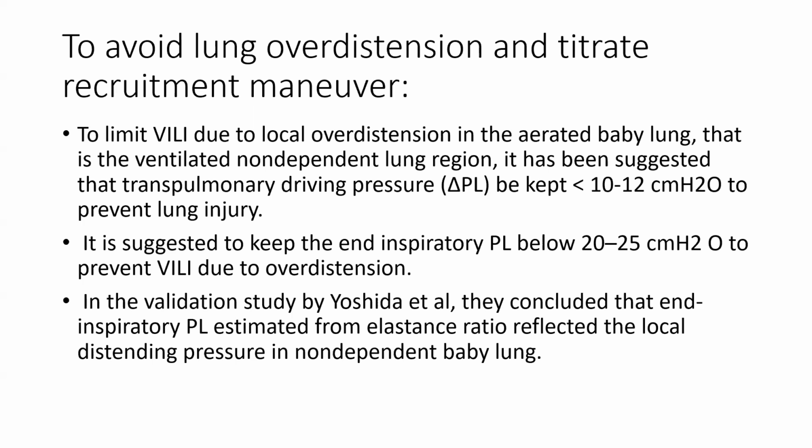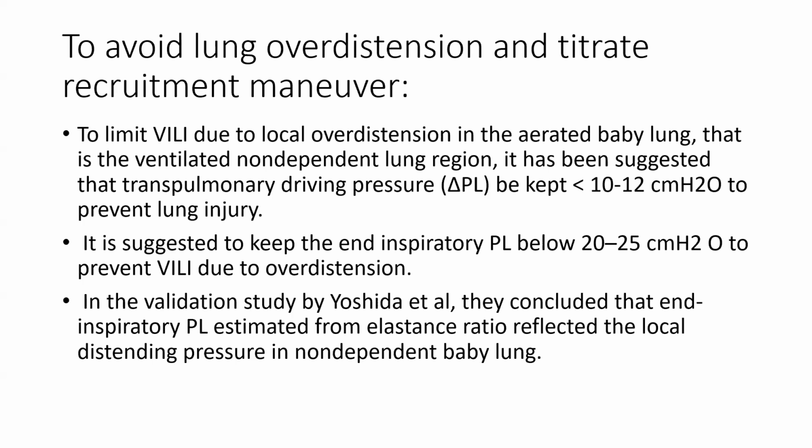Now the next use is to avoid lung overdistension and titrate the recruitment maneuver. To limit the ventilator induced lung injury due to local overdistension in the aerated baby lung, that is the ventilated non-dependent lung region, it has been suggested that transpulmonary driving pressure be kept less than 10 to 12 to prevent lung injury.